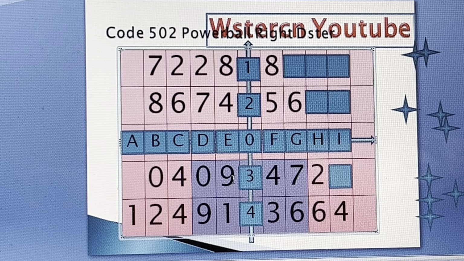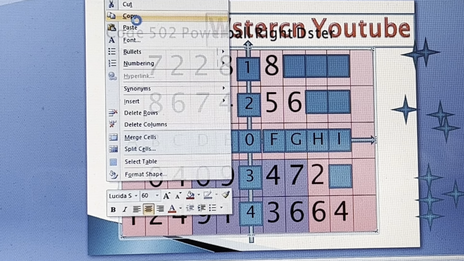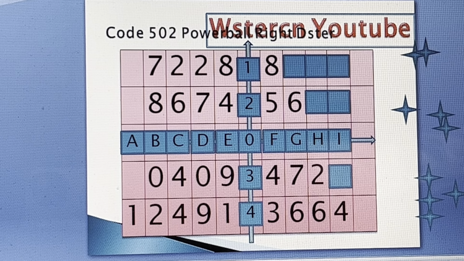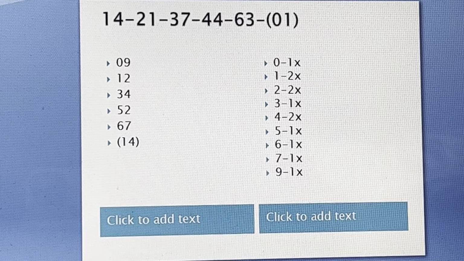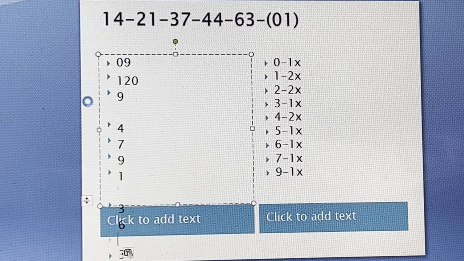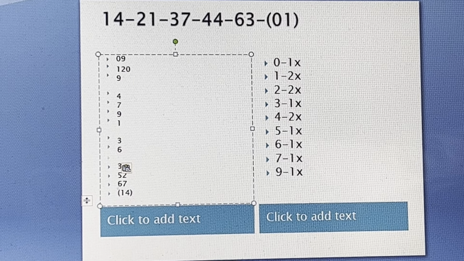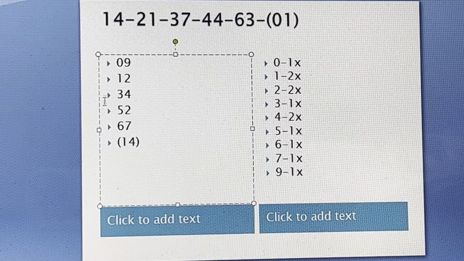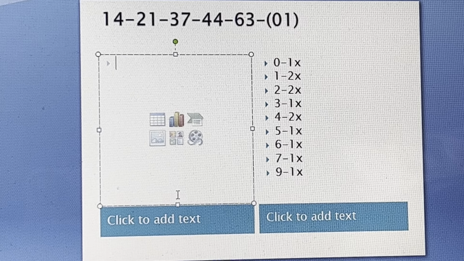So let's do that. For example, that coordinate hits because I don't think it's a double number. Let's do that. Sorry about that. Okay, let's just copy that.